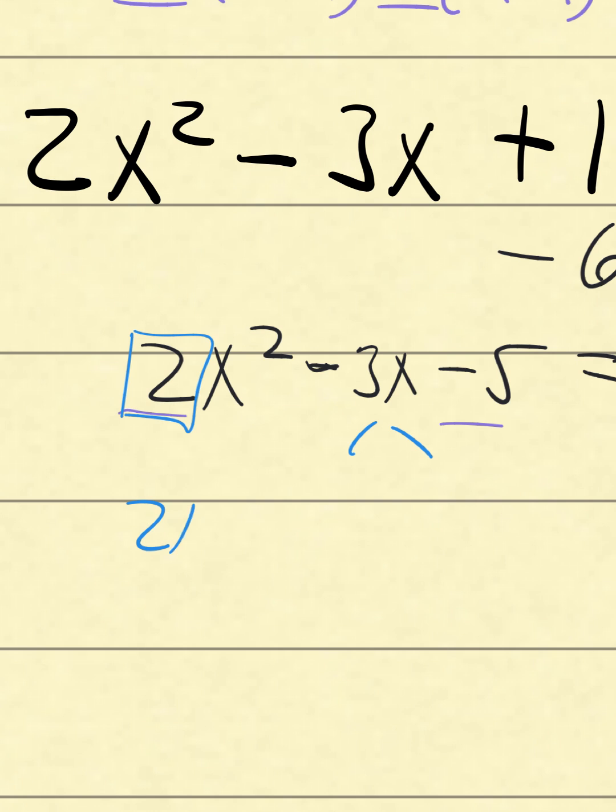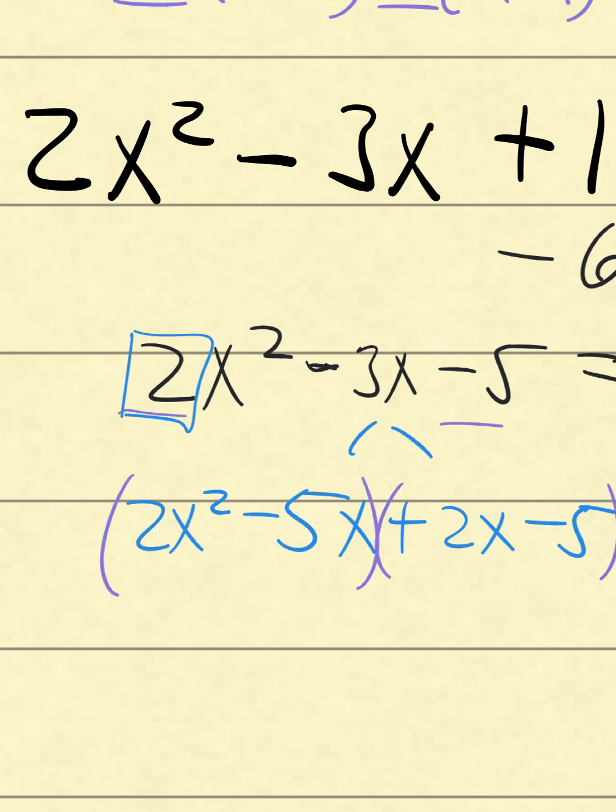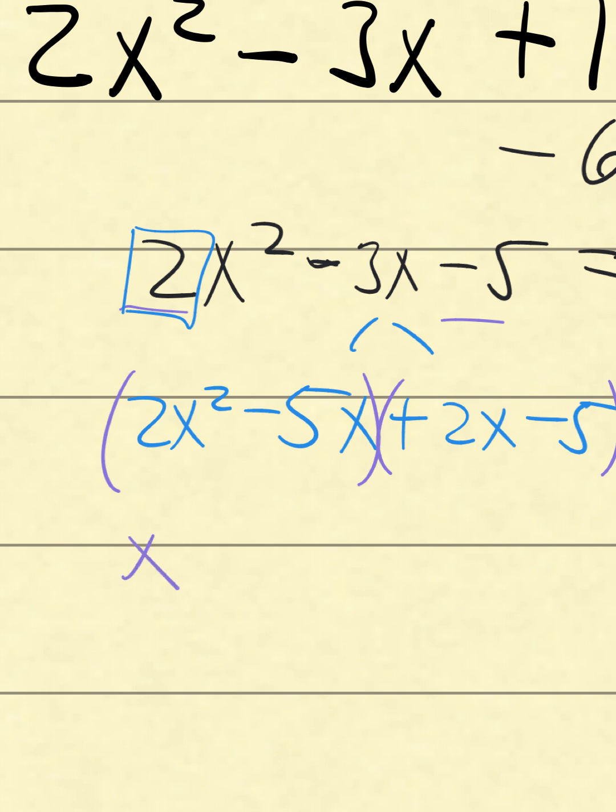So we should get 2x squared minus 5x plus 2x minus 5 equals 0. And now you want to group the first two and the second two. GCF of the first pair, you can take out an x, and you're left with 2x minus 5.